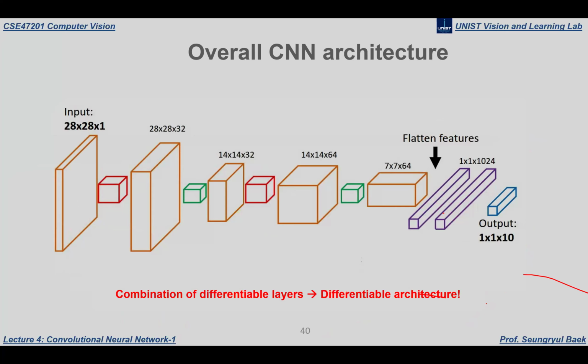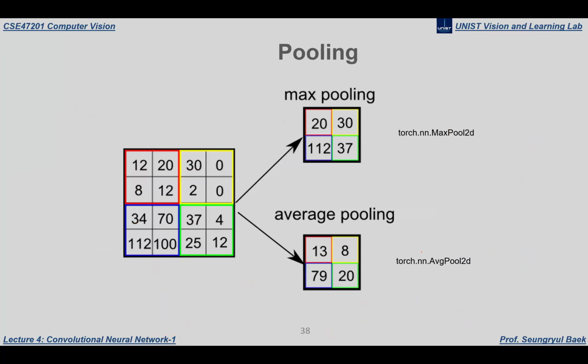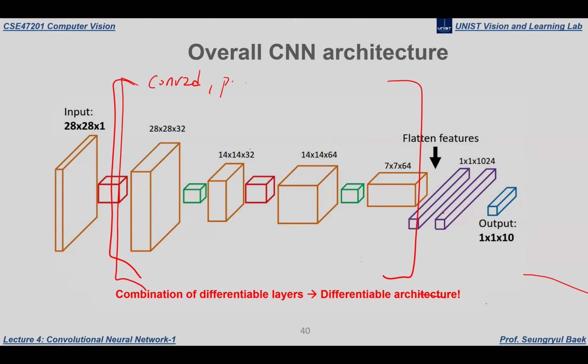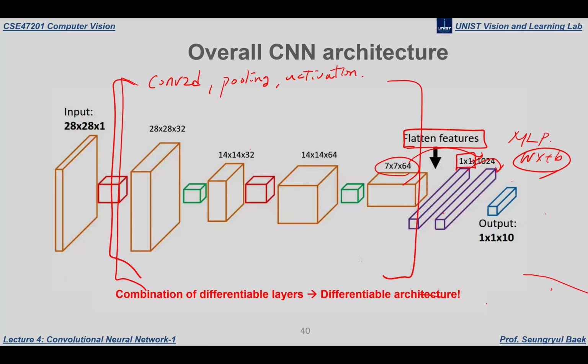Now we have learned pooling, activation, and the convolutional layer, and that's the first part of this entire architecture. This network is composed of 2D convolution, pooling and activation. In the middle, once the 2 dimensions are reduced, we flatten the signal to make it a 1-dimensional vector and apply an MLP, whose operator is like this, to map it to a semantic class dimensional vector.